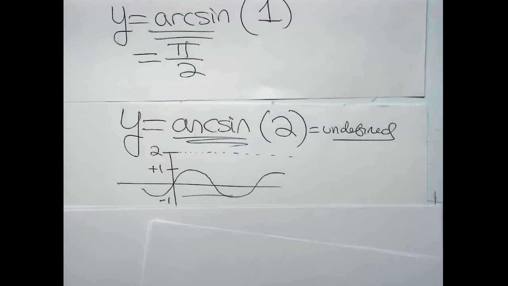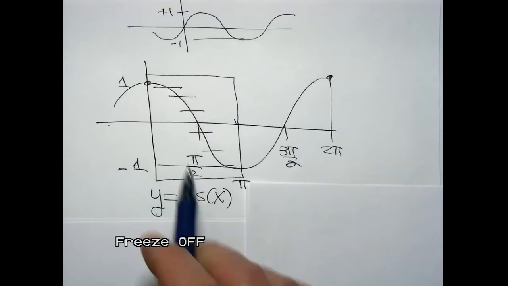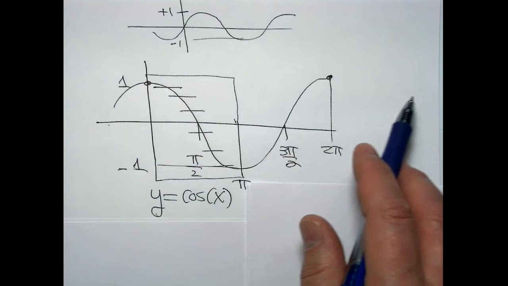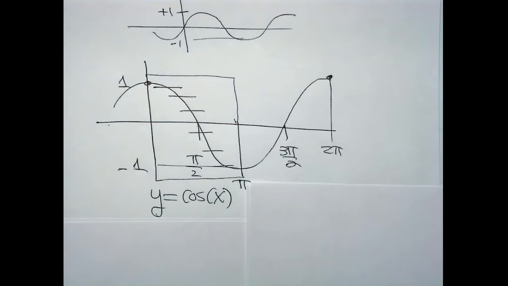Now, next thing I'd like to look at is cosine. Y equals cosine x. And if you look at the cosine curve, you'll notice that if I were to draw horizontal lines, we would again fail the horizontal line test. So it was decided that we would select a portion of the curve, and that portion should satisfy the horizontal line test.